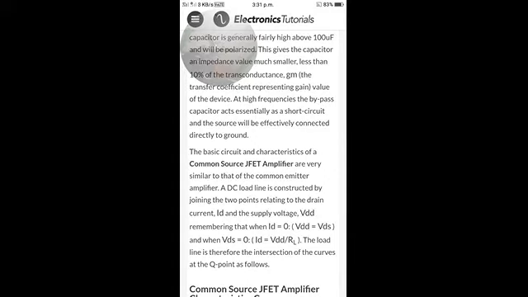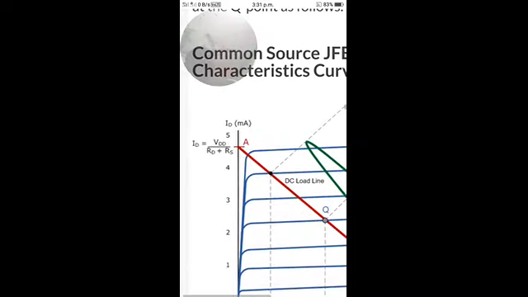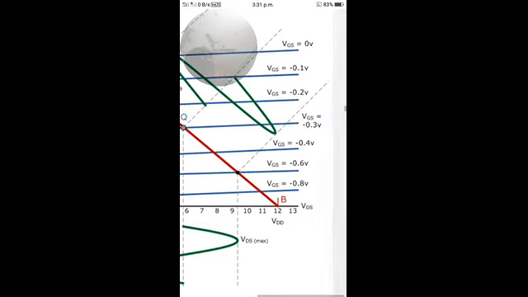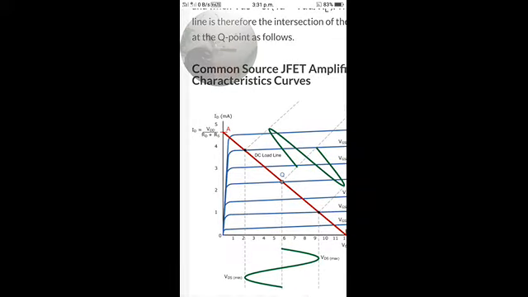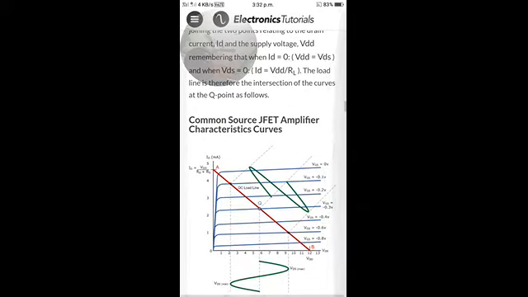Here the DC load line is constructed joining the 2 points relating to the drain current ID and the supply voltage VDD. So the curve is drawn between ID versus VDS, the output characteristics showing the variation of ID with VDS.